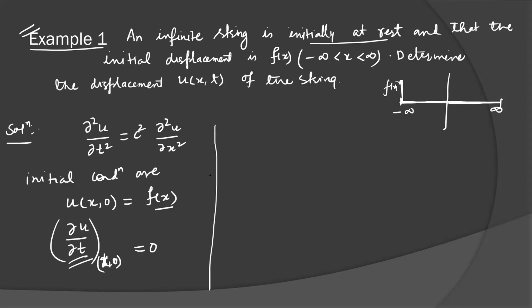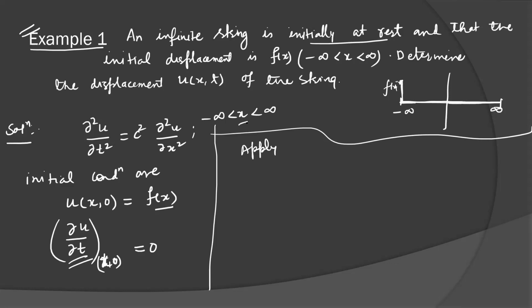Now, because x is between minus infinity and plus infinity, we can apply the Fourier transformation with respect to the variable x.